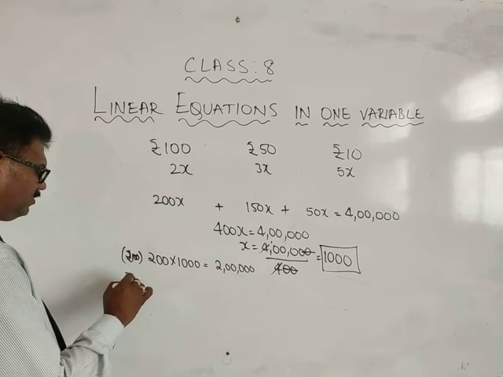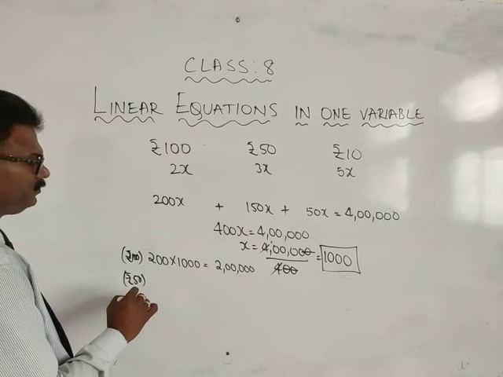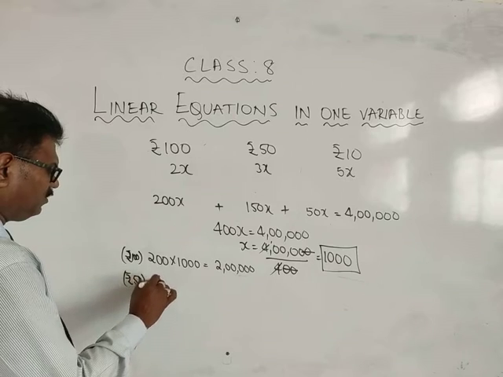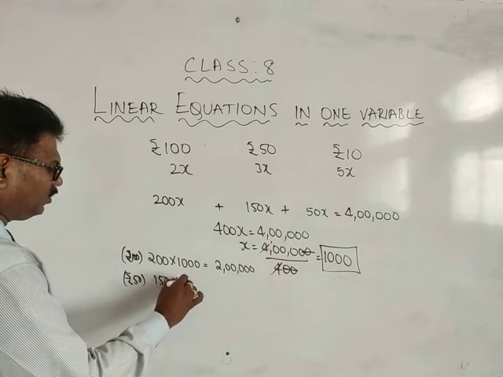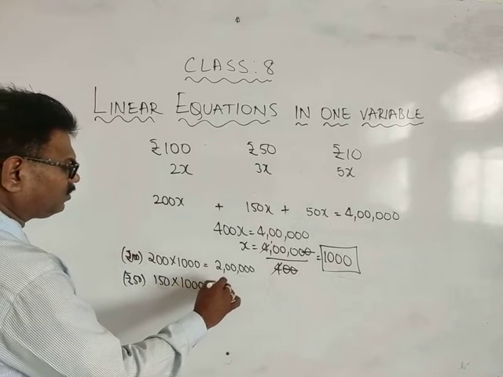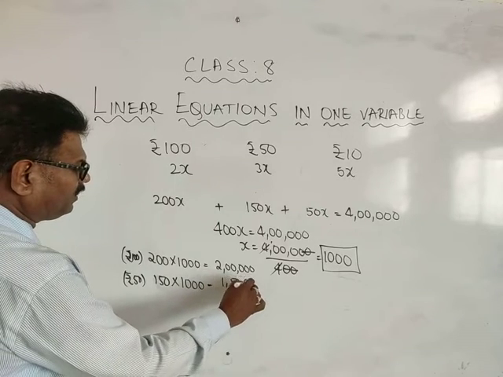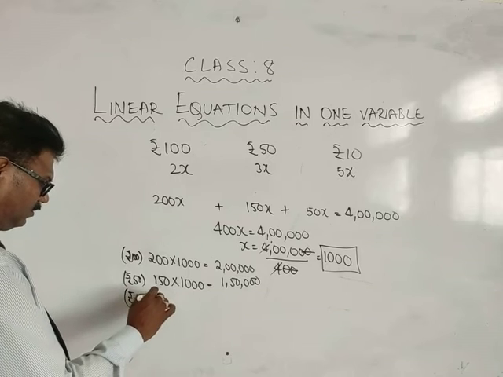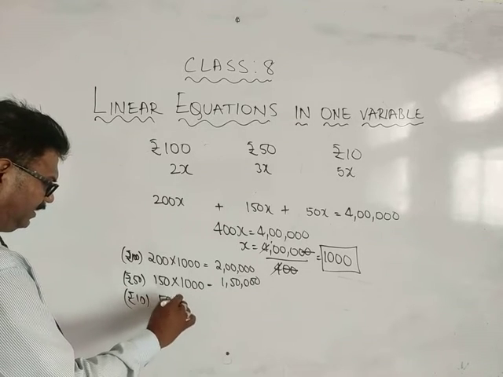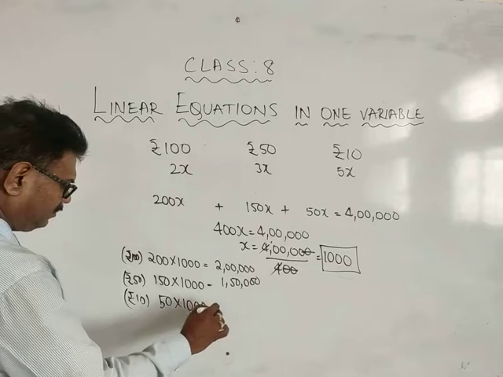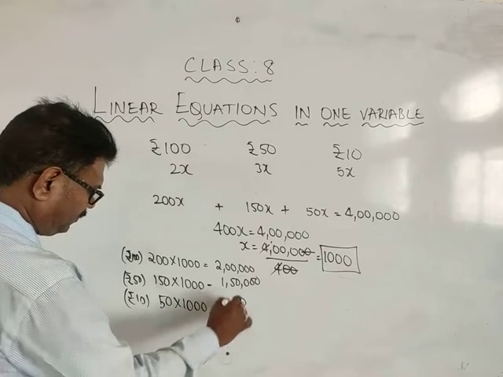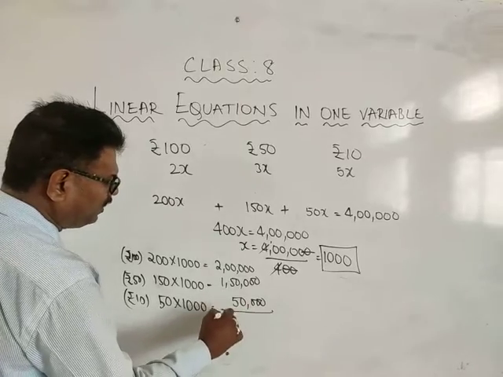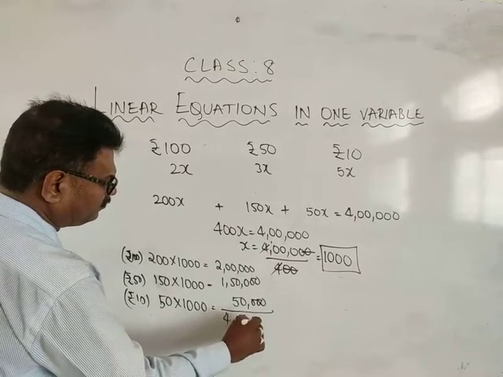Next one, rupees 50, 3x: 150 into 1000 equals 1,50,000. And the third one, rupees 10: 50 into 1000 will become 50,000. So if you do the total, it will be 4 lakh.